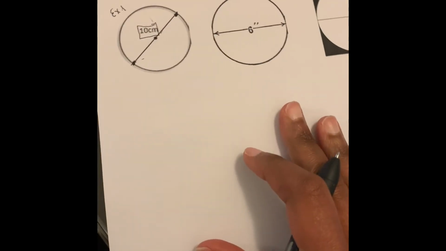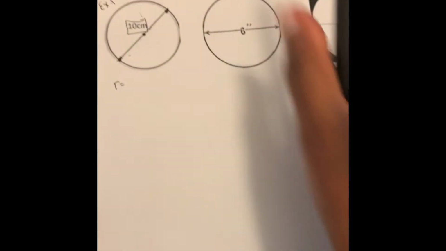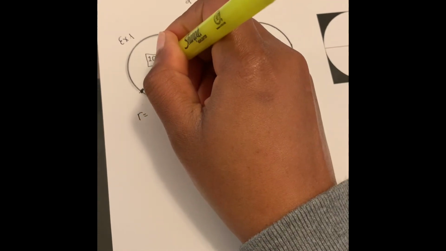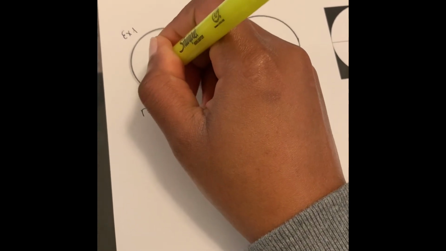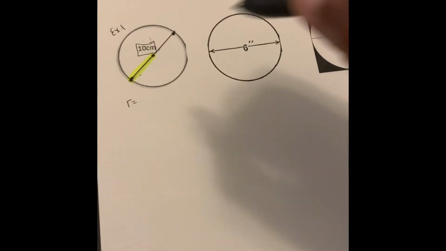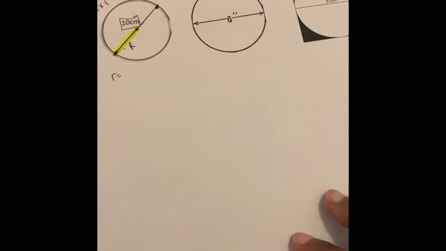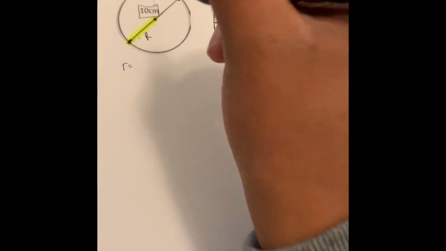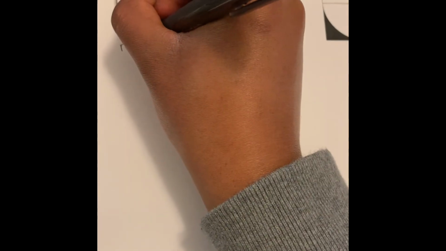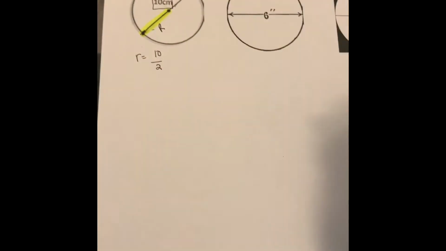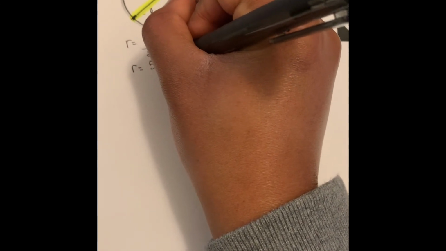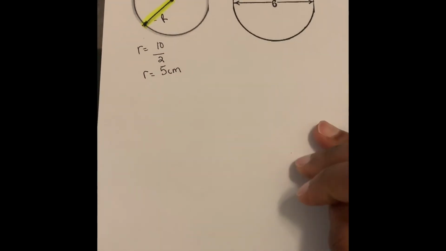So if I do my formula, radius, and what it means by finding the radius is, I want to know instead of all the way across, how long is it halfway across, which I highlighted in yellow is the radius. So R for radius is equal to D, my diameter is 10, divided by 2. If I do my math, 10 divided by 2 is 5. So the radius is 5 centimeters.